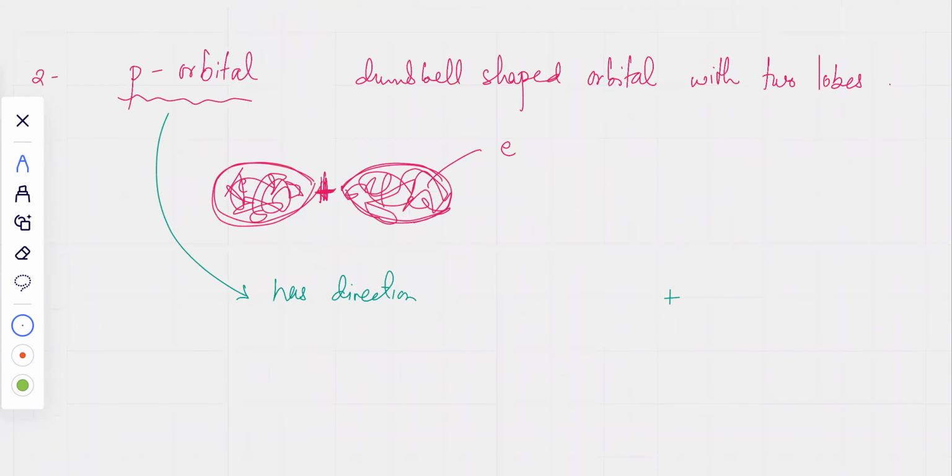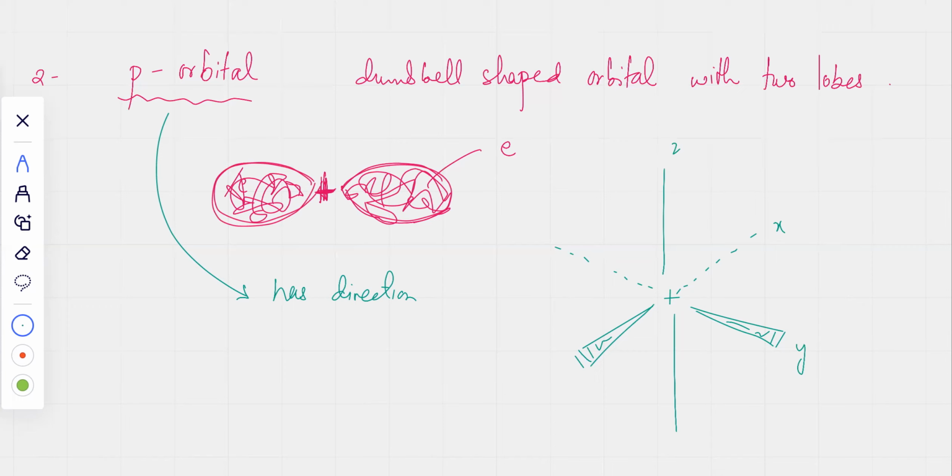The atom is three-dimensional, so there's going to be x, y, and z axes. Think of this as three-dimensional. That's your x-axis, y-axis, and there's your z-axis. All of them are 90 degrees to each other.